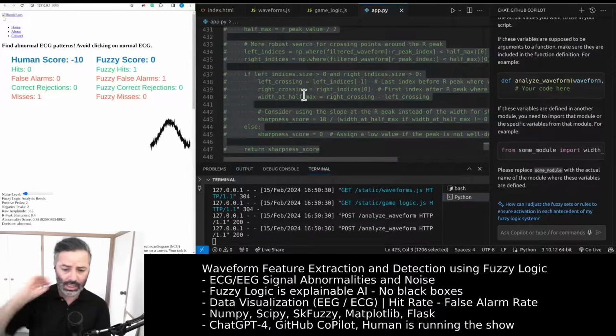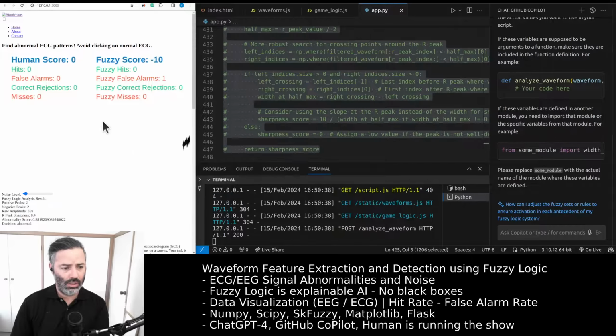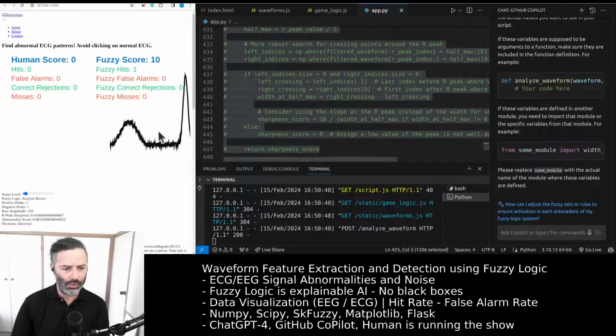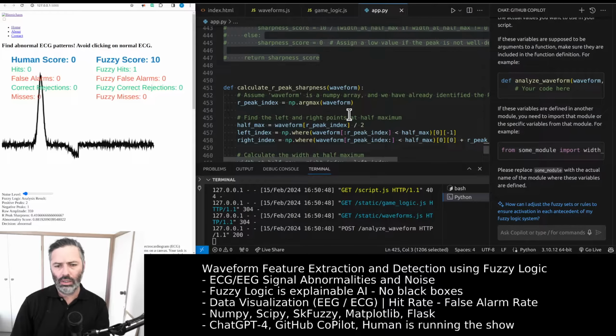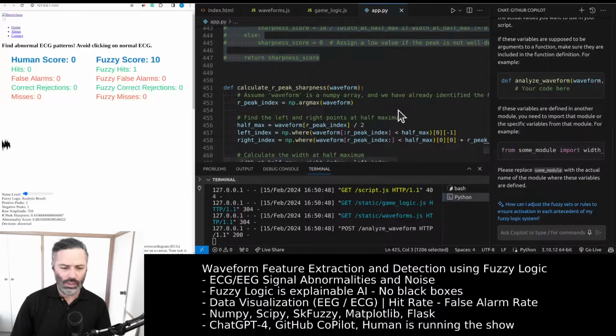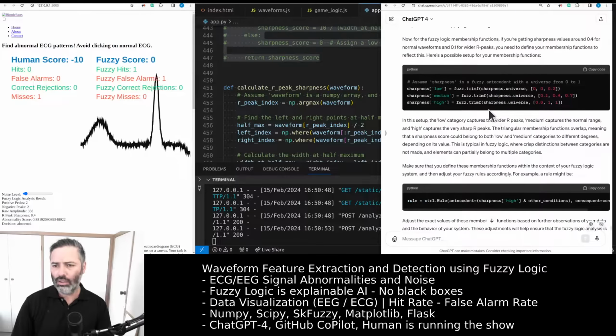It's cleaner. 0.3. Yeah, we'll see how it works with more waveforms. So we get a 0.1 for this and 0.4 for the normal one. That should be fine.